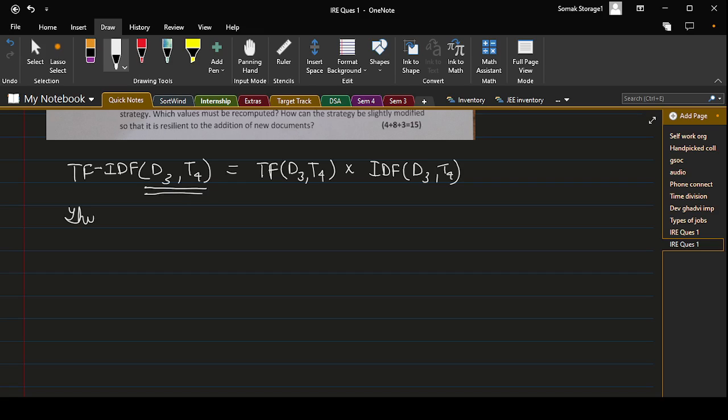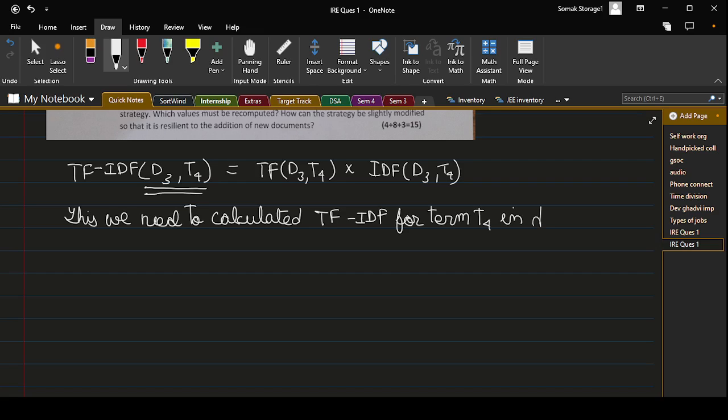This means we need to calculate TF IDF for term T4 in document D3, right?